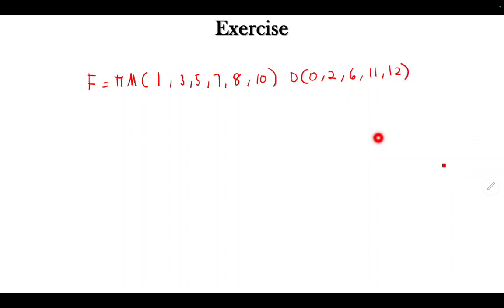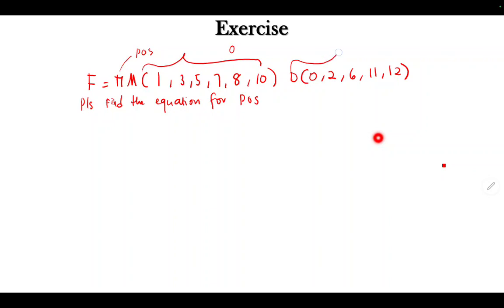In this equation, please find the equation for POS. So this one is POS. This one you have to locate number 0. This one you have to locate number X.